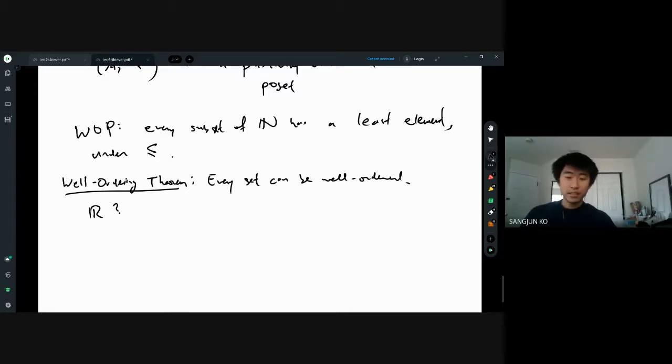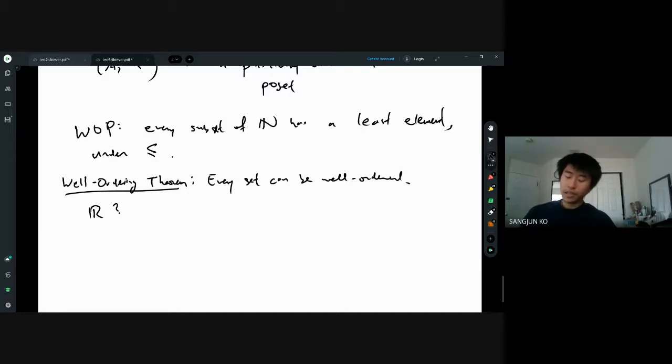And it turns out that the well-ordering theorem is equivalent to the axiom of choice. And to prove the well-ordering theorem from the axiom of choice is very non-trivial, as you might expect.